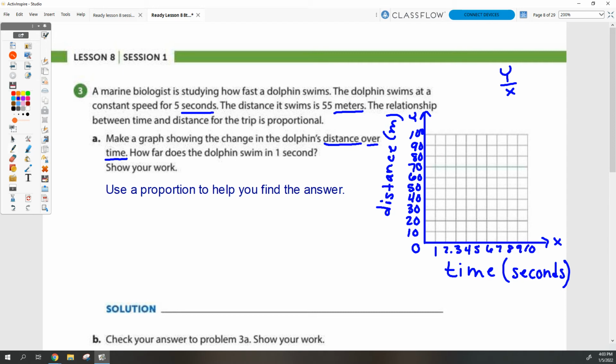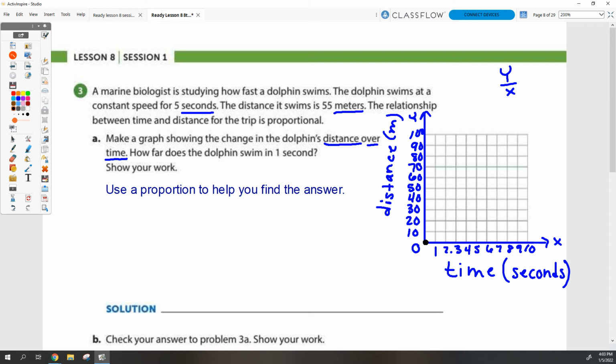Now, for this to be proportional, the dolphin will have gone 0 meters in 0 seconds. So our first point is going to be at 0, 0. Then they give us the next rate, which is 55 meters in 5 seconds.